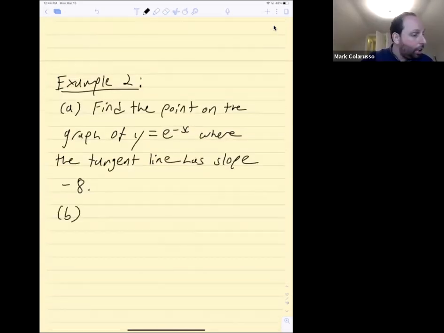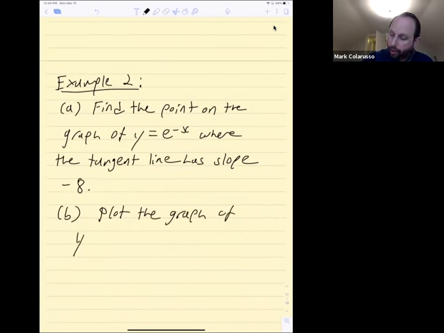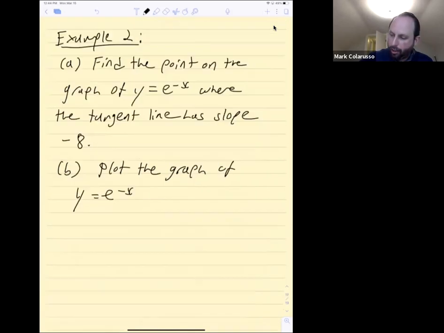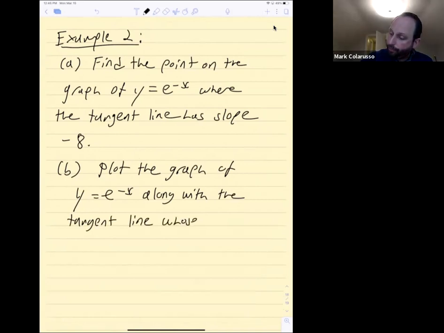And then part B: plot the graph of y equals e to the minus x, along with the tangent line whose slope is -8. Okay, so there's actually kind of a lot in this question.